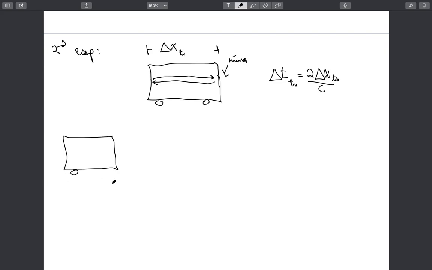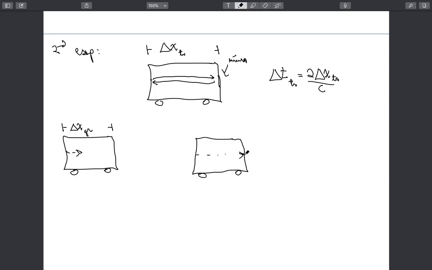Because you start here, and then there would be the launch of the light pulse, and then as the train would travel, at some point there would be the event where the light reaches a certain point here. Let's just define a few things. So first of all, here, that would be the length delta x as measured from the ground.